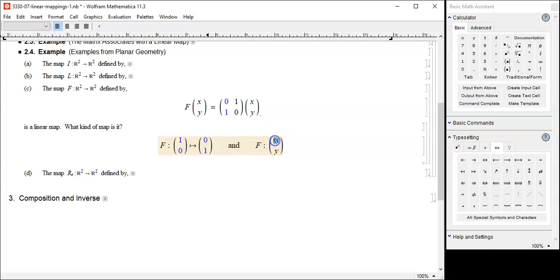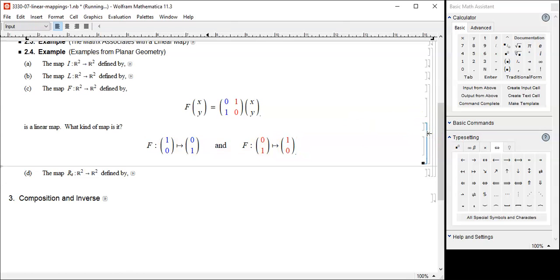And then E2, (0, 1), is going to the second column, (1, 0). So basically, E1 is going to E2, and E2 is going to E1. So we are switching horizontal and vertical.